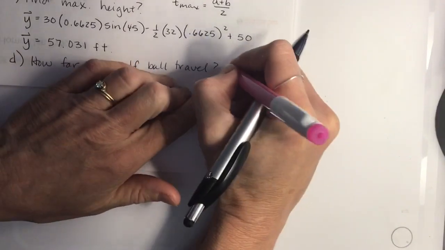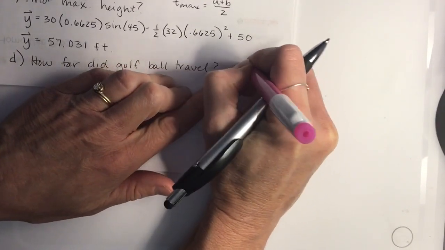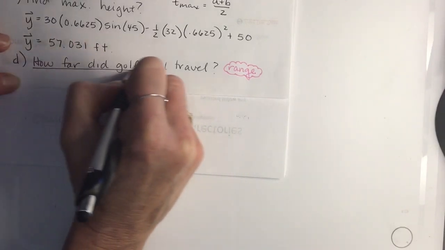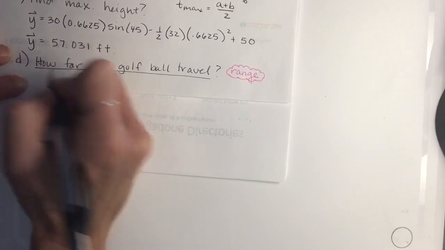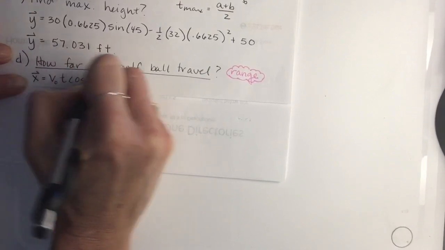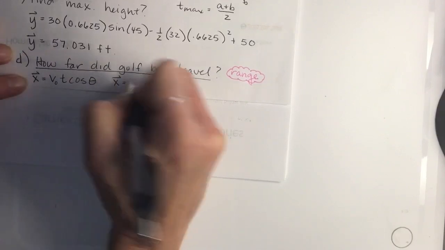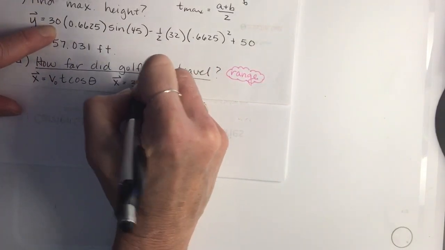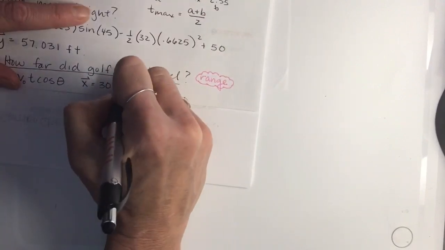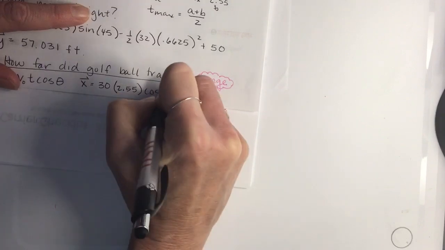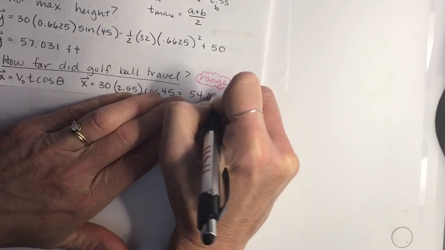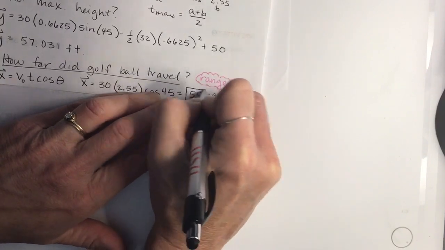So if it's the x value, then it's v sub 0 times t times cosine of theta. x is equal to 30 times the time, 2.55, which was in part A, times cosine of 45. We plug that into our calculator, and we get 54.093 feet. So I would say that's a pretty good hit, I guess.